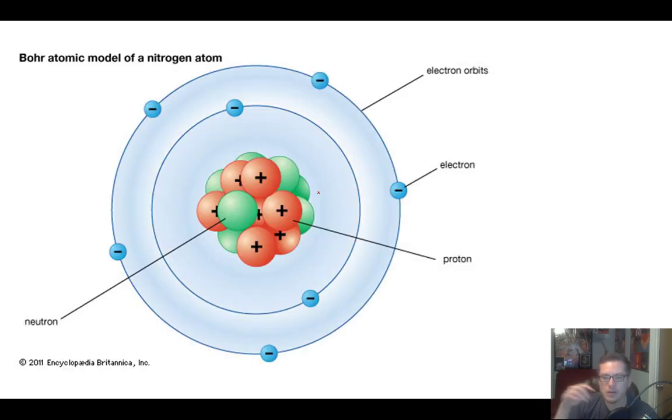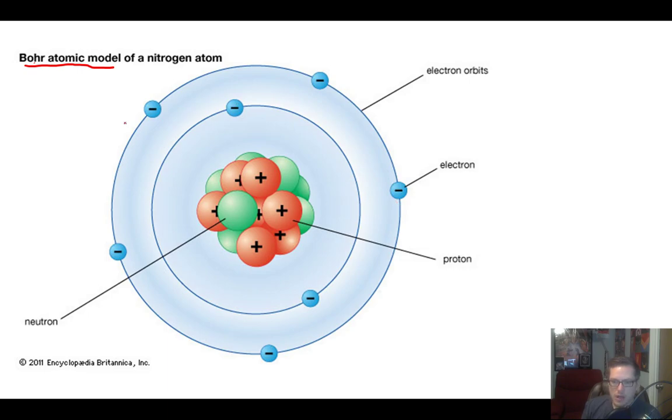Here is what we call the Bohr atomic model of a nitrogen atom. This is the important part, the Bohr atomic model. This is essentially what most people think of when they think of an atom, and we'll talk about the shortcomings of this model coming up in a couple of videos. But ideally, in essence, we have the protons and neutrons, and they're all situated in the nucleus, right here in the middle, a big old dense middle part, and then we have the electrons on the outside.